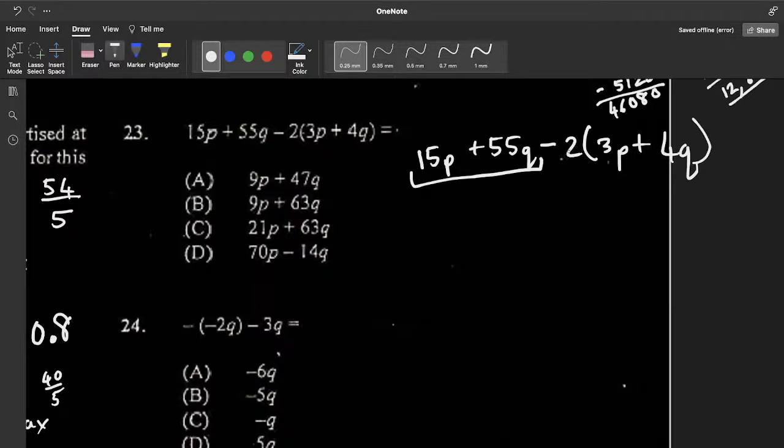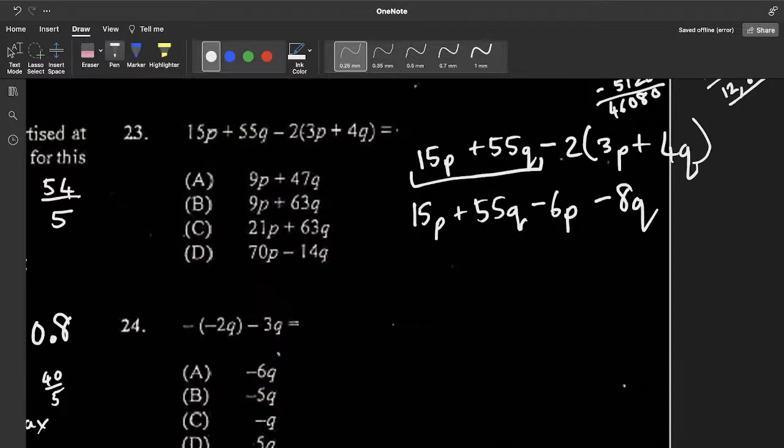So then we say negative 2 times 3p. That's what we have to do, okay? So we'll end up rewriting this plus 55q. Negative 2 times 3p would give us minus 6p. Negative 2 times positive 4q would give you negative 8q.